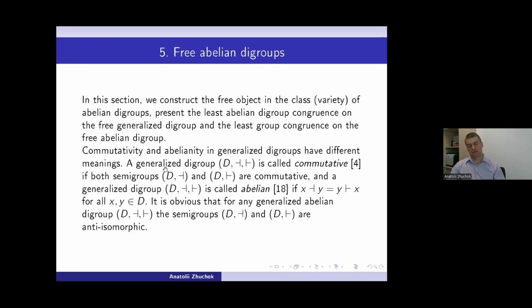I said that a generalized group is commutative if both operations are commutative, but what is abelian? The group is abelian if we have this equality: x times y by the first operation equals y times x by the second operation. And in any abelian group, the semigroups are anti-isomorphic.